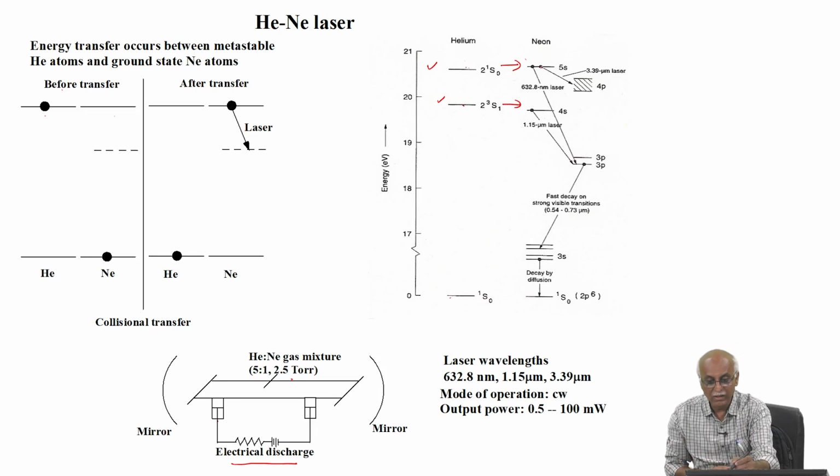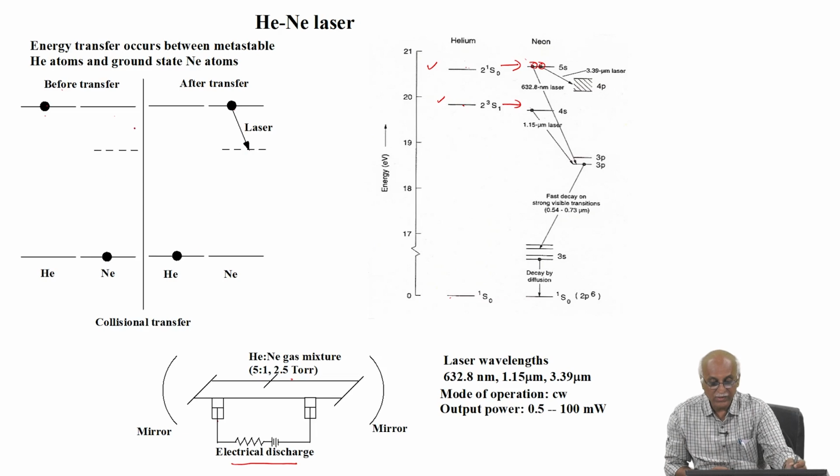And then when the excited atoms come here through energy transfer, they go to another level. They go from helium to neon, from neon to a certain level, and return back to the ground level.